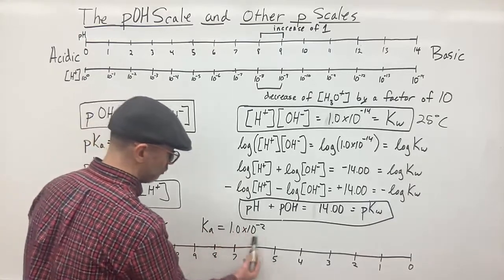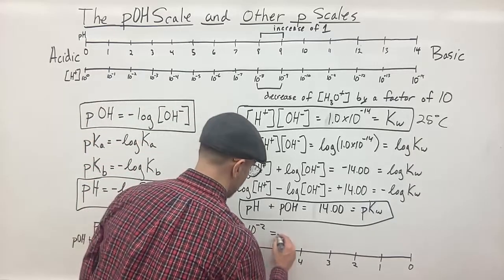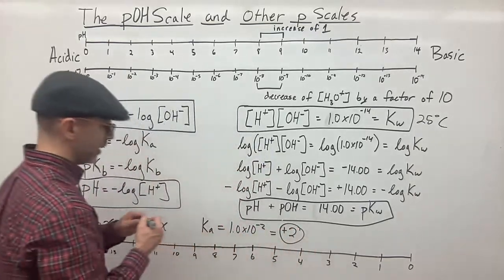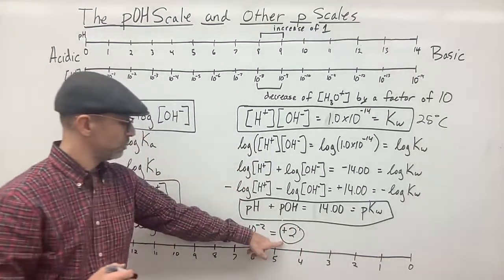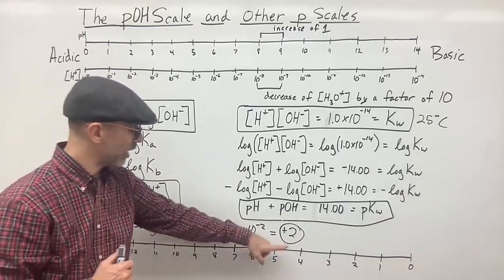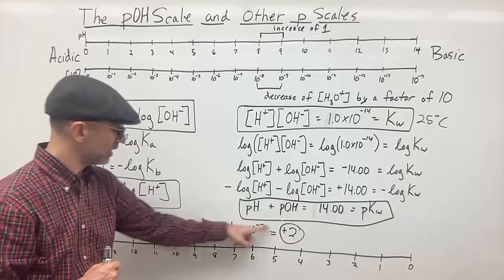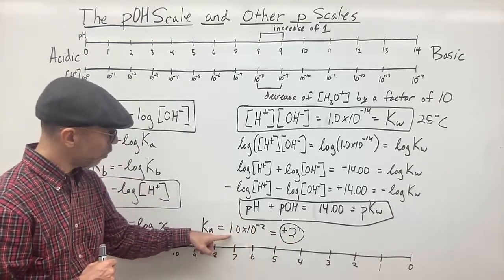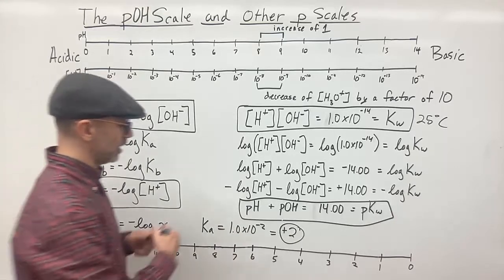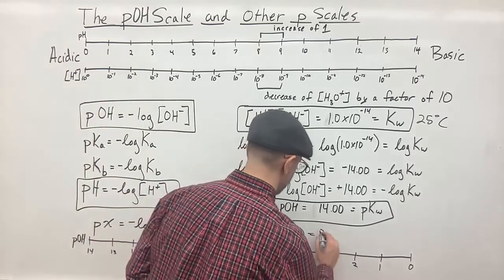So we take the negative log of this, and we get a positive 2. So the pKa value would be 2 because we're taking the negative log of 1.0 times 10 to the negative 2. So that would give us our pKa value.